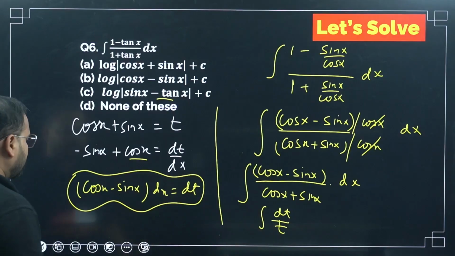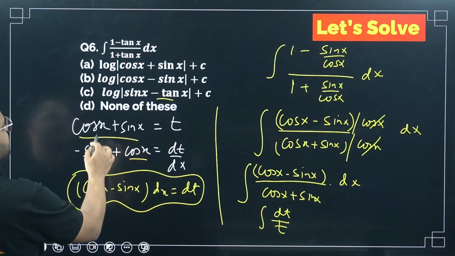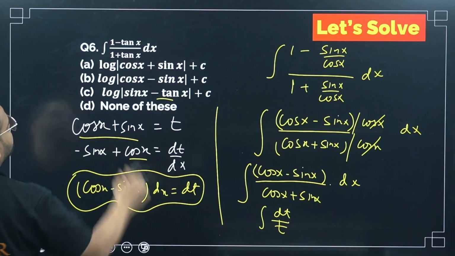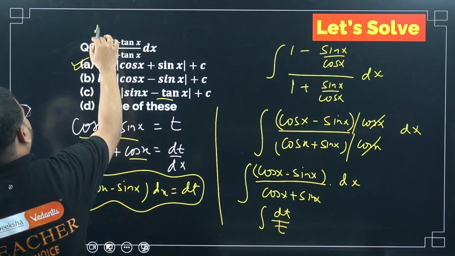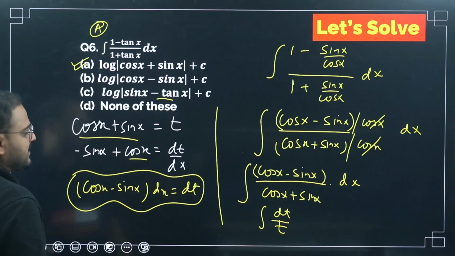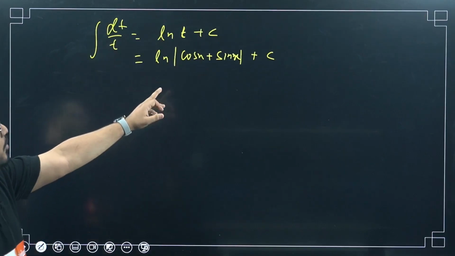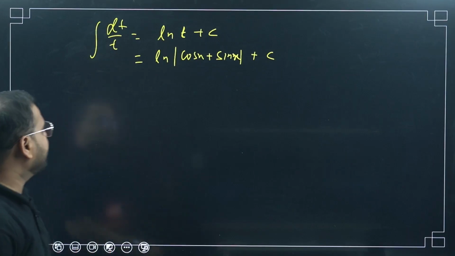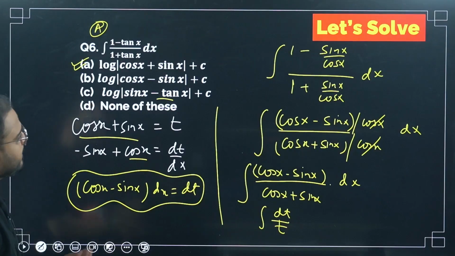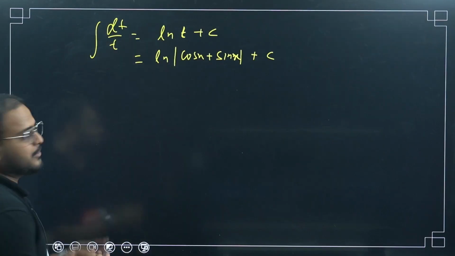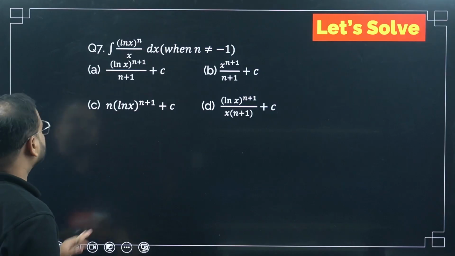That's the answer, I have taken t as cos x plus sin x. Option number A. What is my answer? Please have a look. I hope this is visible. ln cos x plus sin x plus c. Any problem? If there is, comment and let me know about this question.